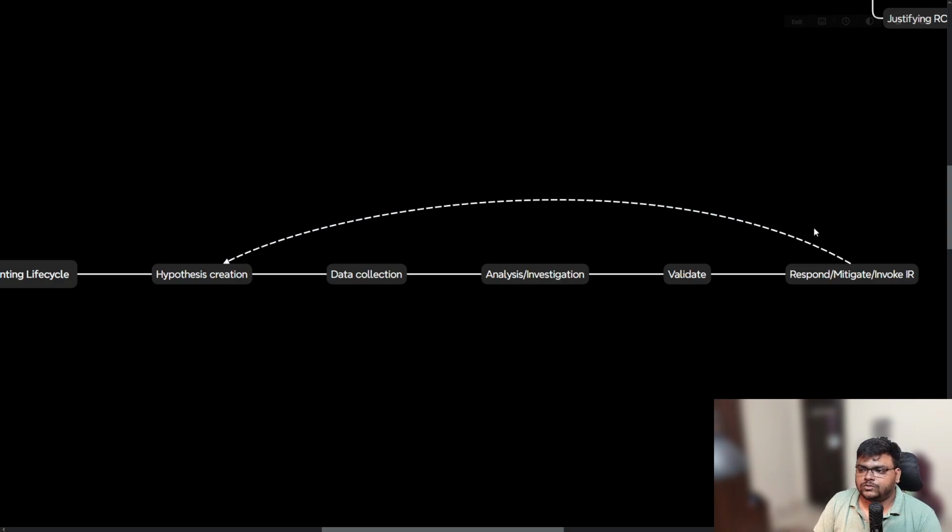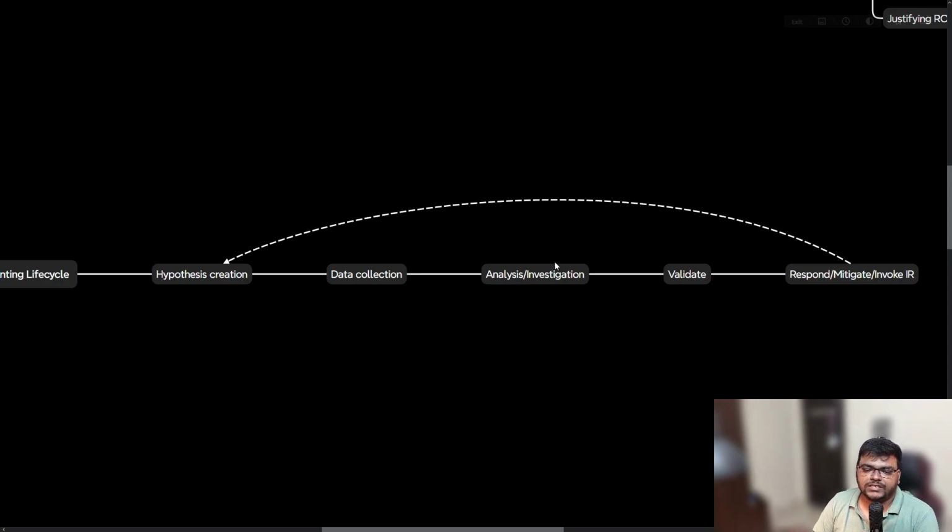But to exemplify this, as we discussed just now, malicious PowerShell execution happening in the environment is a basic hypothesis. You start collecting data. In this phase, what you'll collect is basically all the process-related data, where the process name is PowerShell, and then the command lines with respect to it. And then you will start analyzing that data to understand what command lines PowerShell is executing.